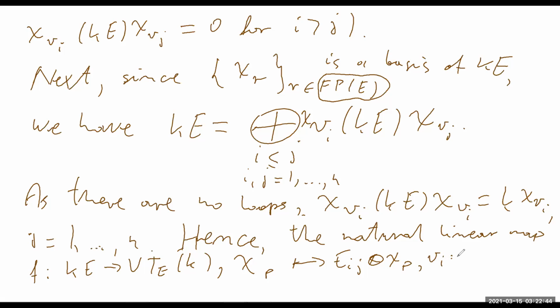Vi is simply S of P, and Vj is T of P. Okay, so the path P starts at the vertex Vi and ends at the vertex Vj. And then I take the elementary matrix Eij. So remember the elementary matrix Eij, this is a matrix which has zeros everywhere, except that in the ith row and the jth column, it has a 1. Okay. And this is, of course, a basis of our matrix algebra.